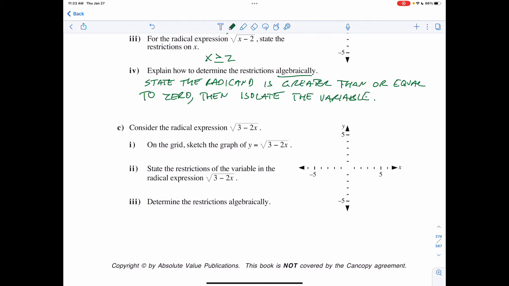When we get to the next example, if it says the square root of 3 minus 2x, I'm going to plug it into my calculator. It starts at (1.5, 0). And then this one actually goes in the other direction.